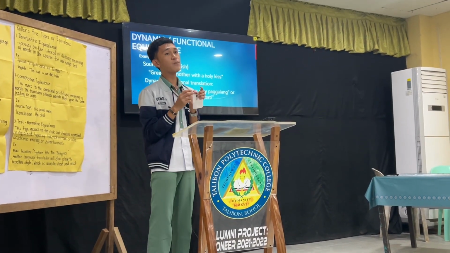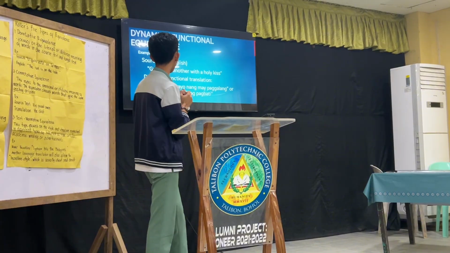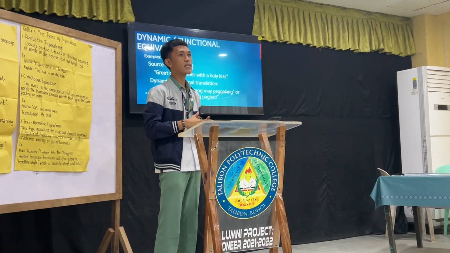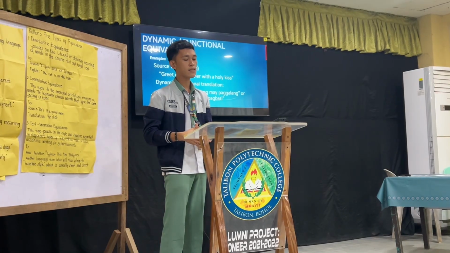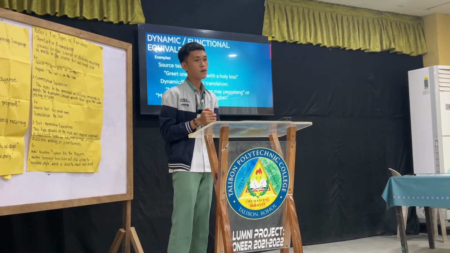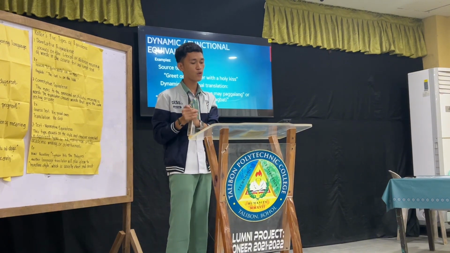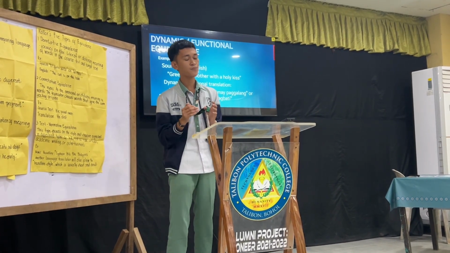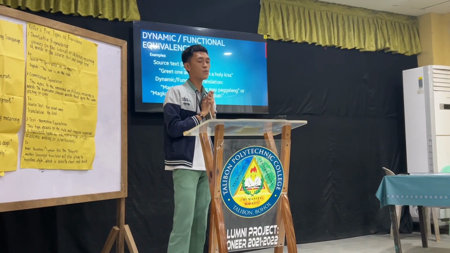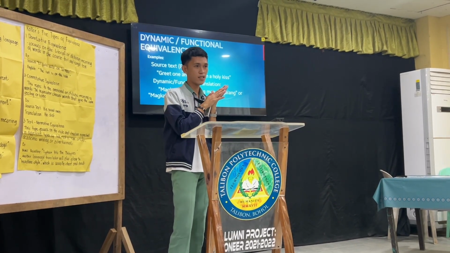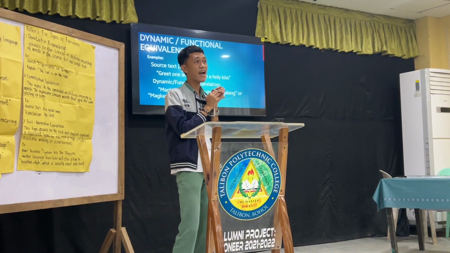Instead of translating word for word, dynamic functional equivalence adjusts the expression to fit the culture or target audience. The goal of dynamic functional equivalence is to produce the same effect of response on the readers. Understood?